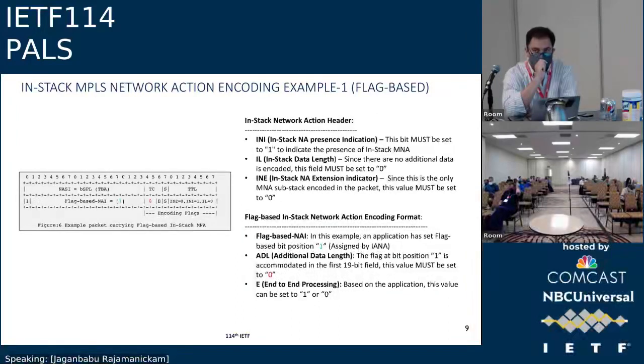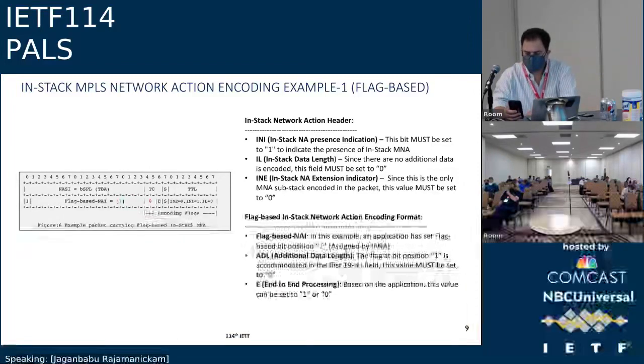Okay, so now let's see some examples, so that you'll have some idea of how this encoding is going to work. The first example is the pure flag-based MPLS network action, where I'm encoding a bit flag position of 1. The application at bit position 1 is going to send its wanted network actions to be processed on the different nodes.